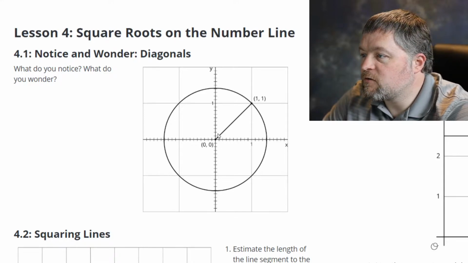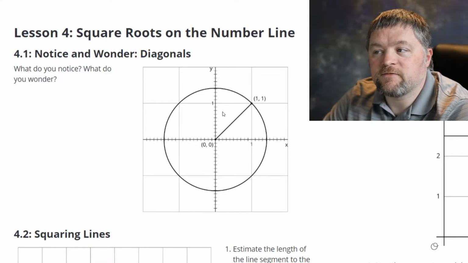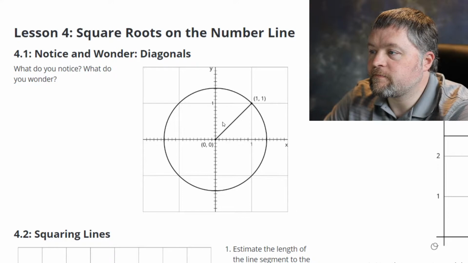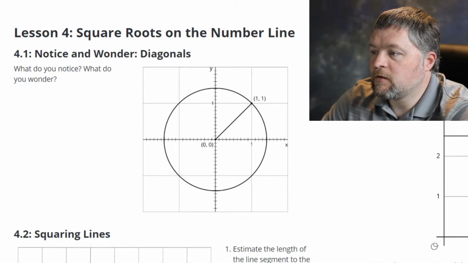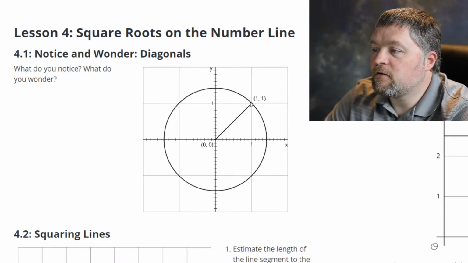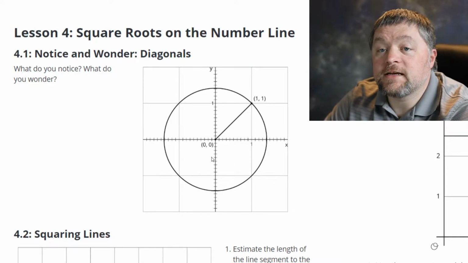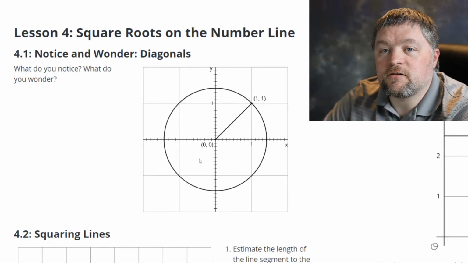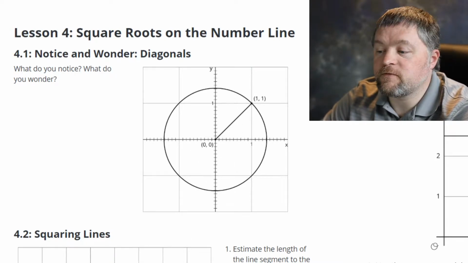What do I wonder? What is the exact radius of this circle? We can find out the exact radius of this circle, and doing that is what we're going to investigate today.